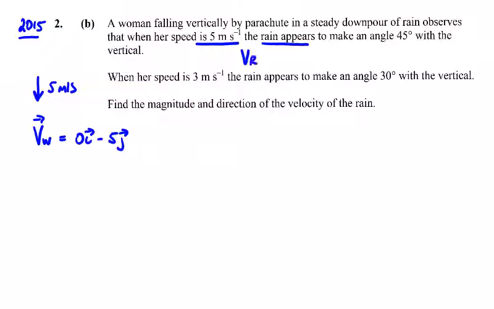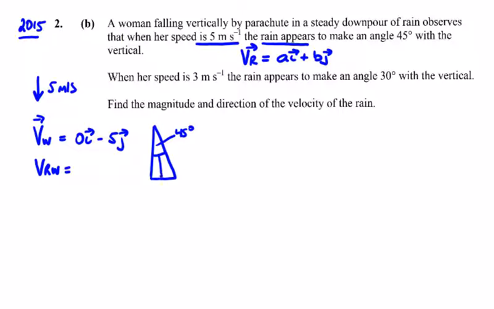Let's let the velocity of the rain equal a in the i direction plus b in the j direction. And the rain appears, so that's the velocity of the rain relative to the woman. It appears to make an angle of 45 degrees with the vertical. So she's coming down, the 45 is in here.